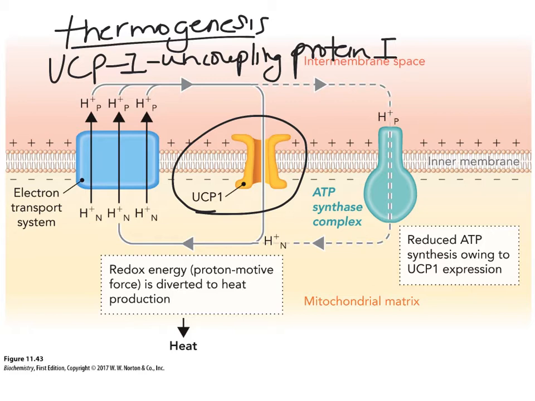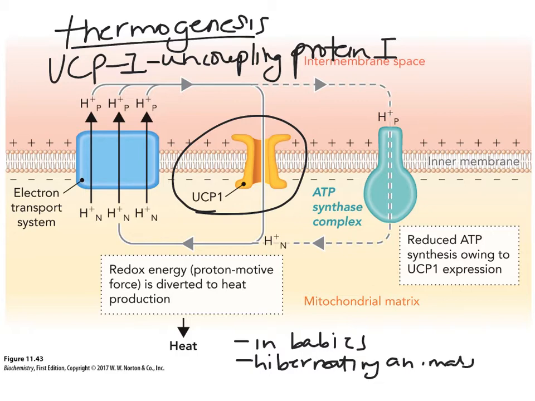Now this occurs in babies, in hibernating animals. You find expression of UCP1 in brown adipose tissue. It's brown because you have a lot of mitochondria, so it's like the dark meat we discussed when we started talking about electron transport.